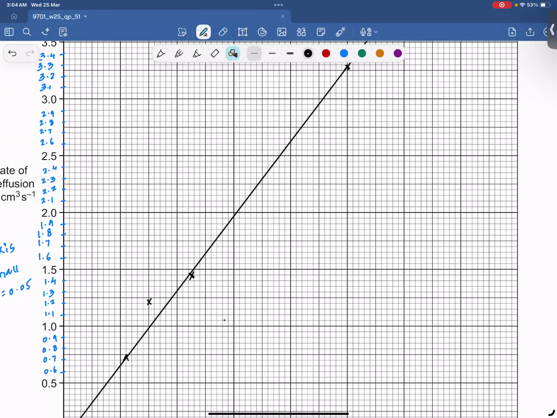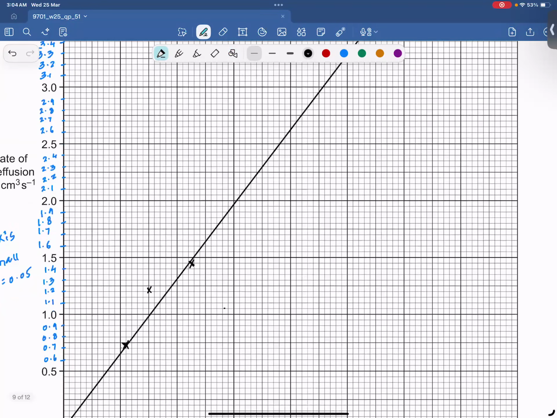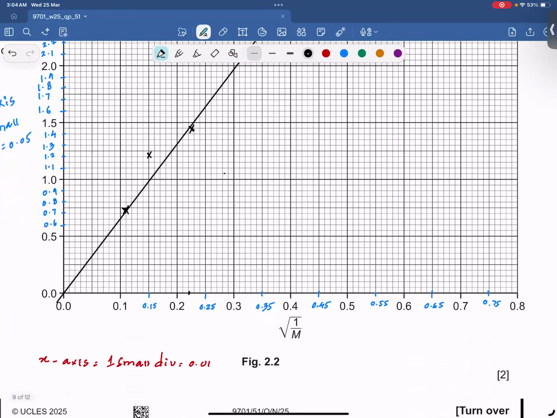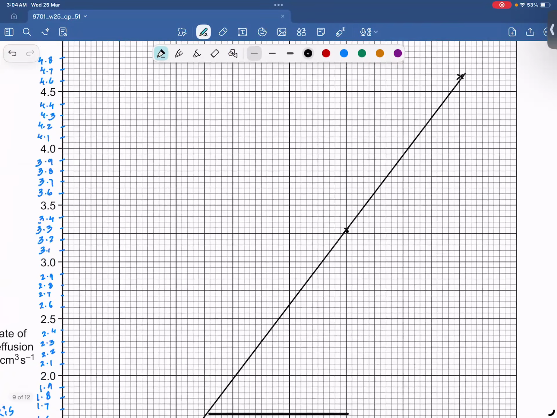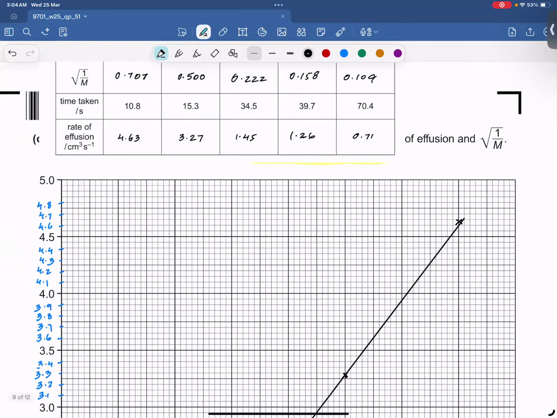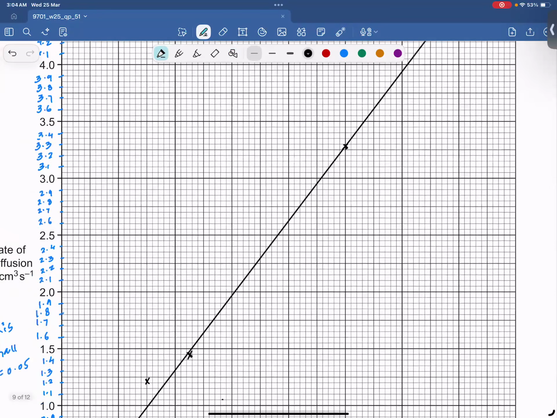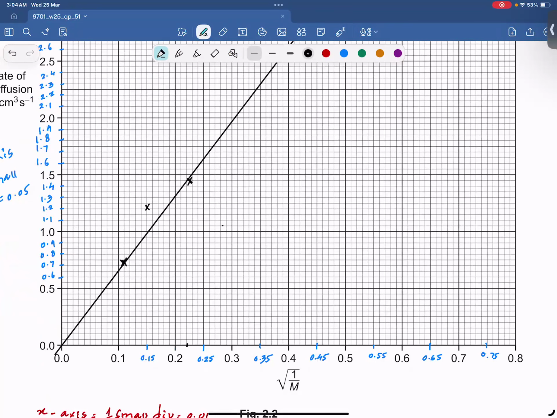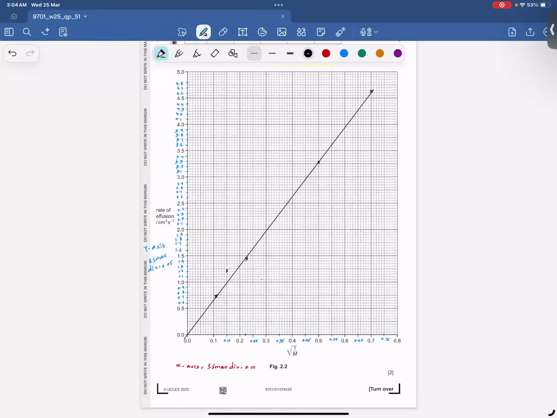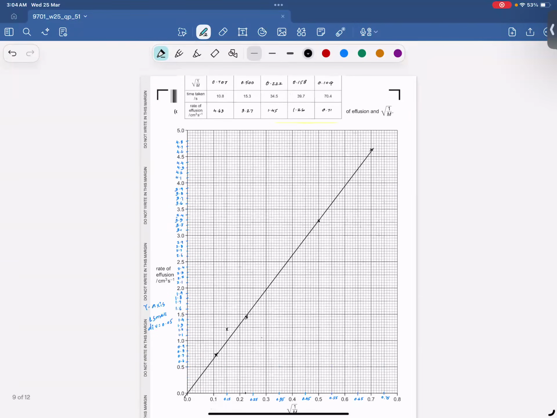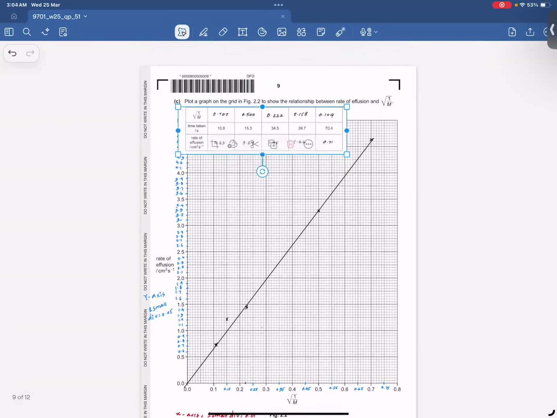Yeah, this one. Okay. Yeah, makes sense. And the value is 0.109, 0.11. Yeah, that's right. That's fine now. Okay. So that's the answer, guys.